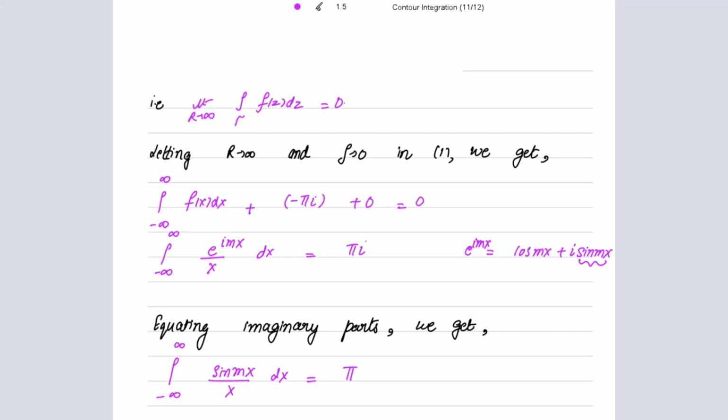Now this is an even function, so I can take this integration from 0 to infinity twice. Sine of mx over x dx, twice the integral from 0 to infinity, is equal to pi.